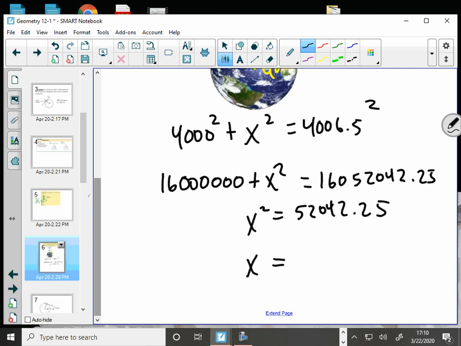So x is the square root of that, which is 228.1 miles. Do some more examples.